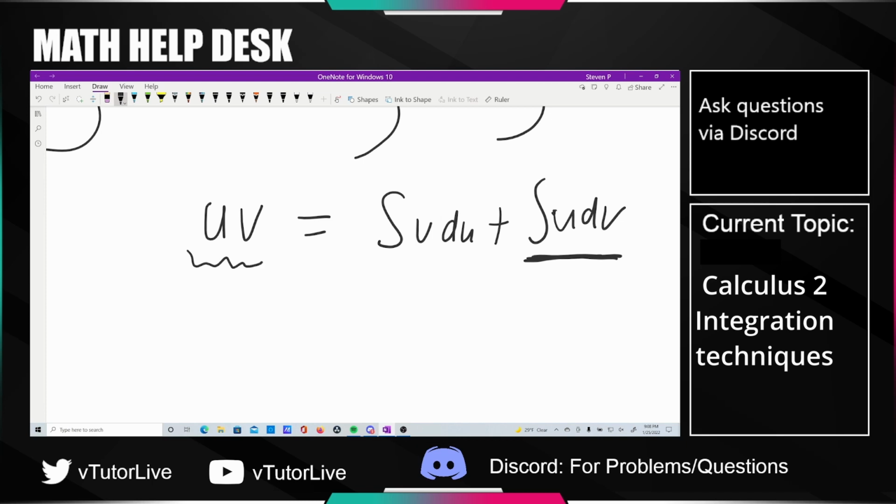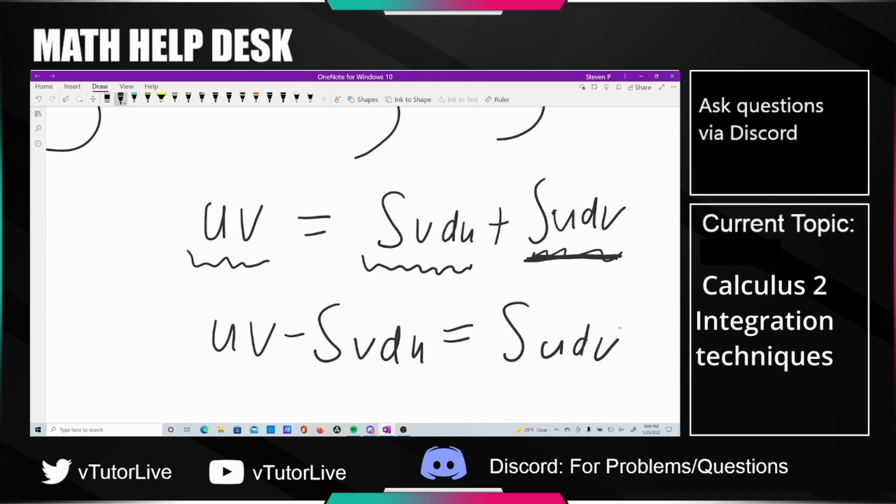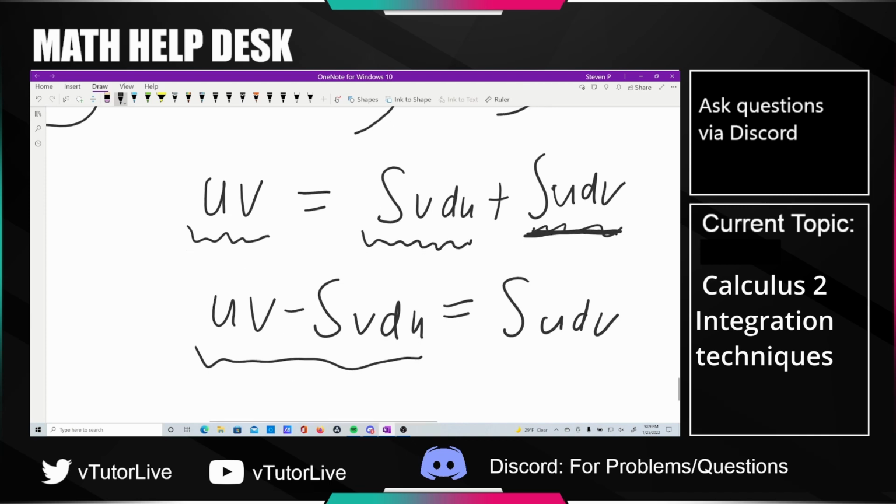But we know how to calculate uv, and we know how to calculate v du, because it just turns out that v du is a little bit simpler. Well, okay, instead of calculating u dv, let's subtract this and calculate the other side to find u dv. That's what integration by parts is saying. If these two parts are easy enough to calculate, that gives you a way to find the integral of u dv. Does that make sense?